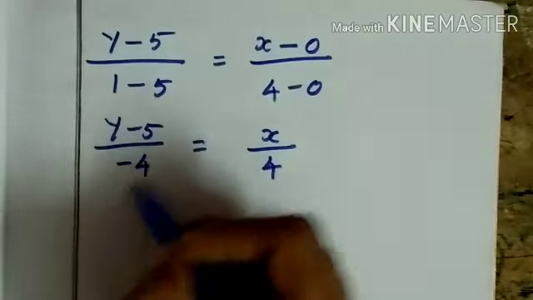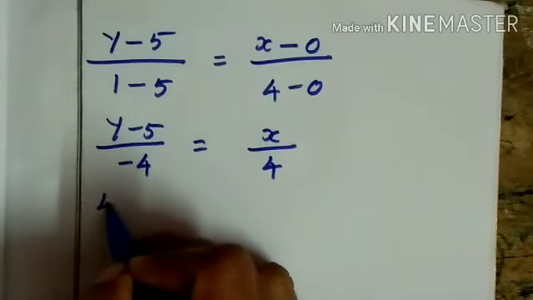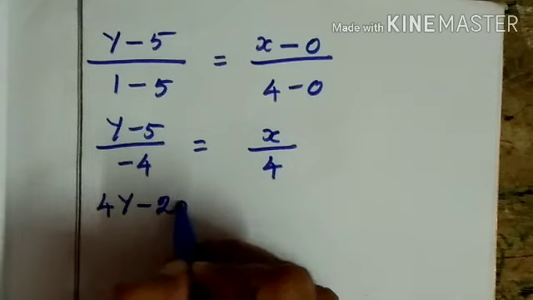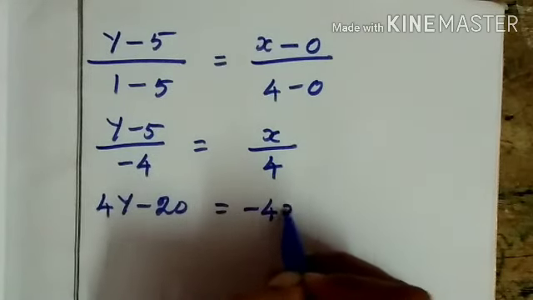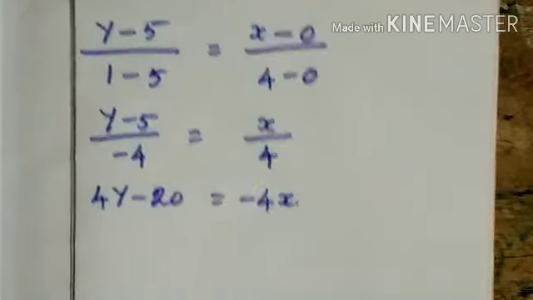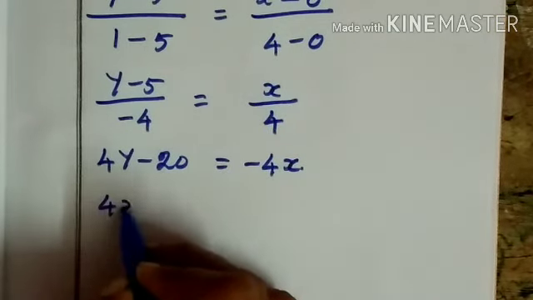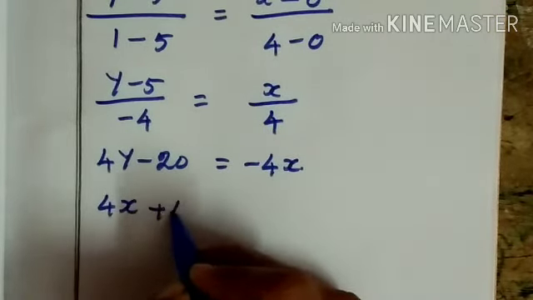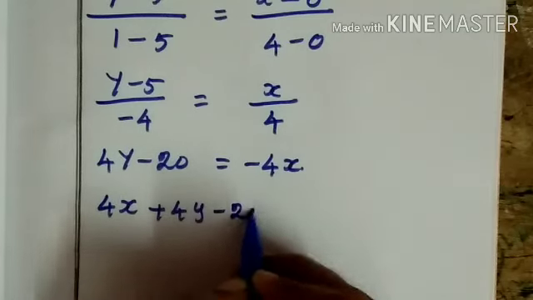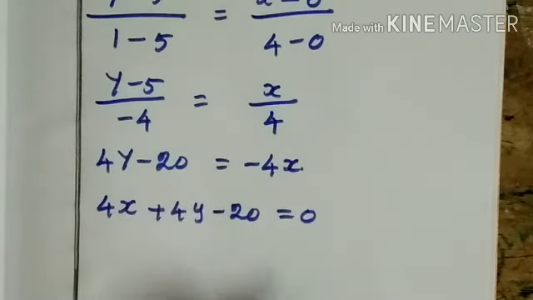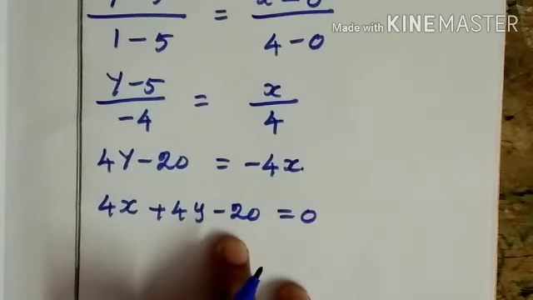Now you have to cross multiply, so 4y minus 20 is equal to minus 4x. Now write this equation in standard form, that is 4x plus 4y minus 20 is equal to 0. Here 4 is a common factor.